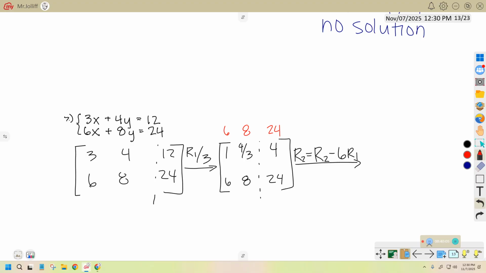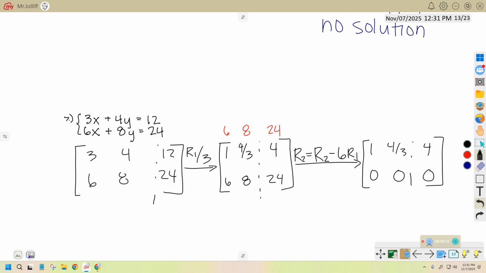Ooh, that's fascinating. When I go to subtract, 6 minus 6 is 0. So 0. 8 minus 8 is 0. 24 minus 24 is 0.